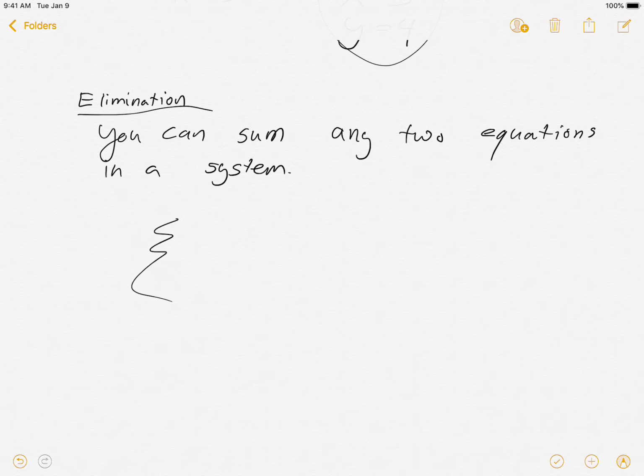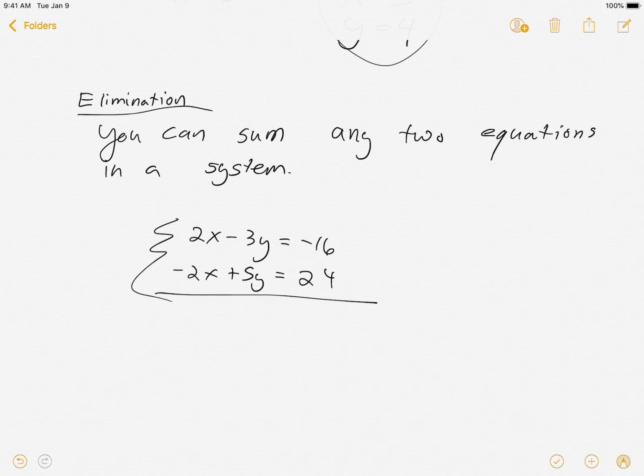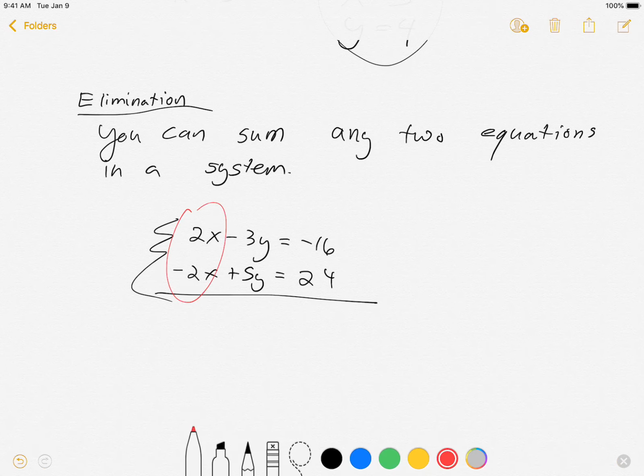So for example, let's say with this specific case, we have 2x minus 3y equals negative 16, and negative 2x plus 5y equals 24. When I sum these two up, you can see right here that those terms are going to eliminate each other. They just go away.